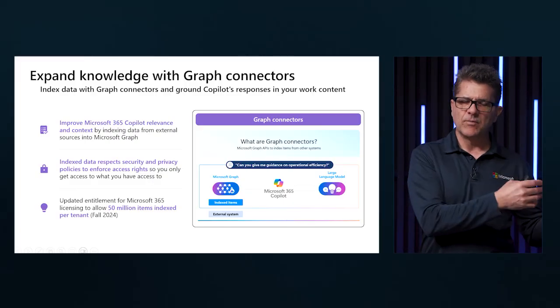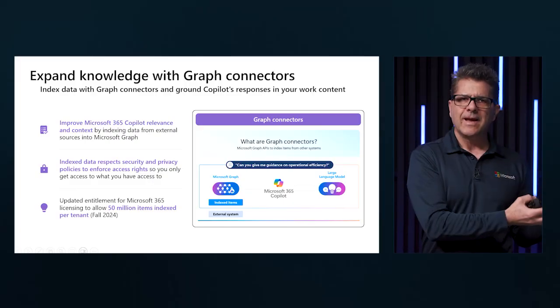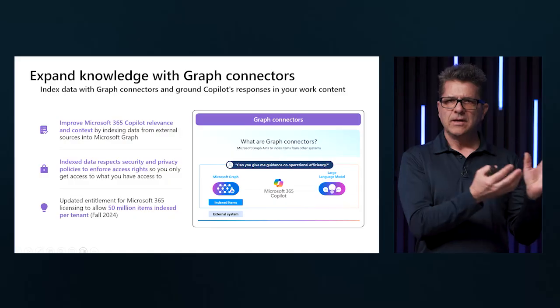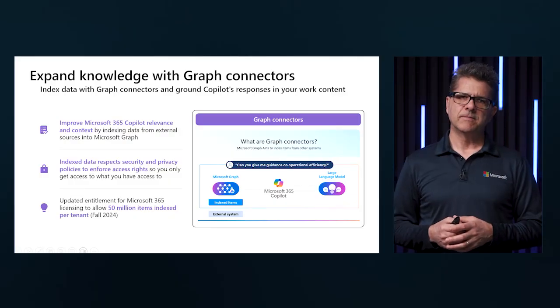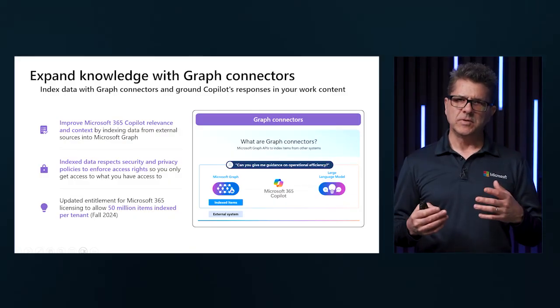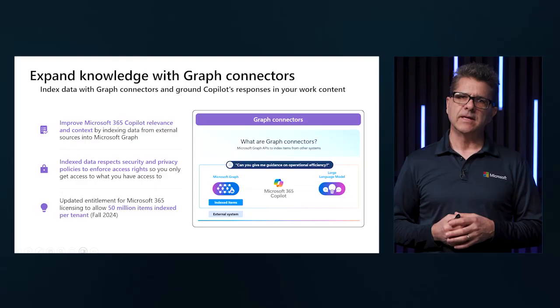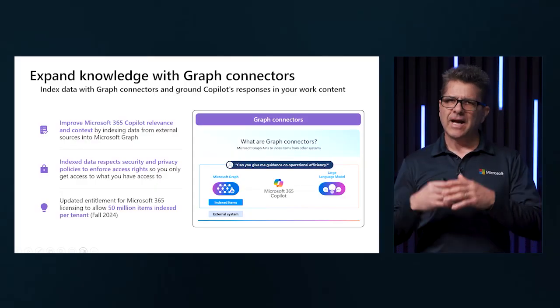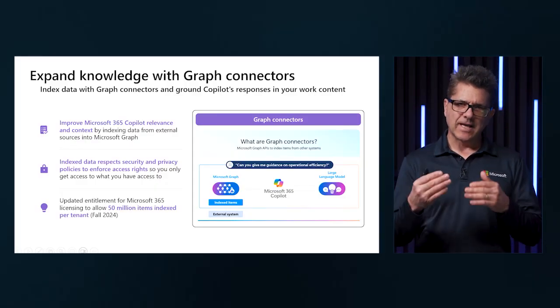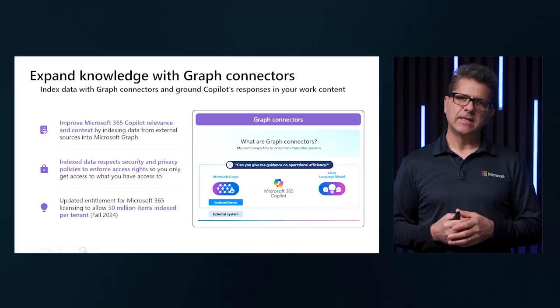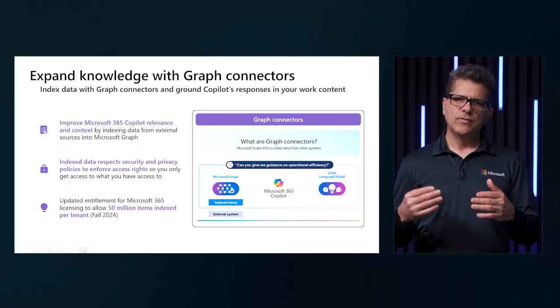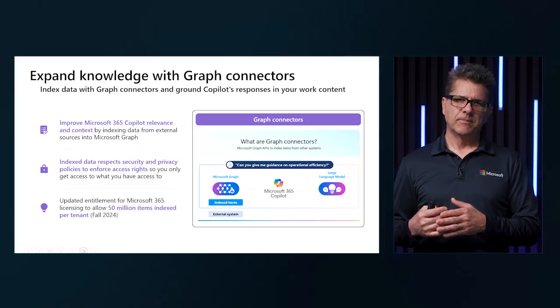Maybe I have a CRM or some other content and I want to bring that knowledge into my Copilot. So this allows Copilot to access a diverse data set, provides comprehensive insight of that data, and also improves user experience.